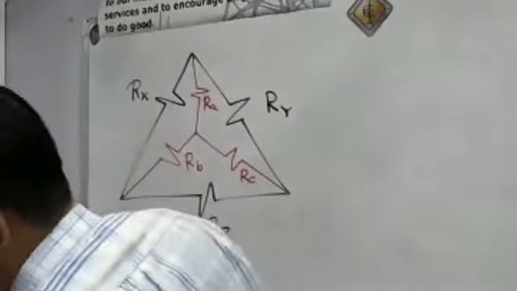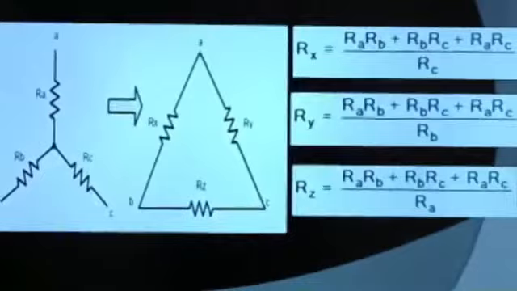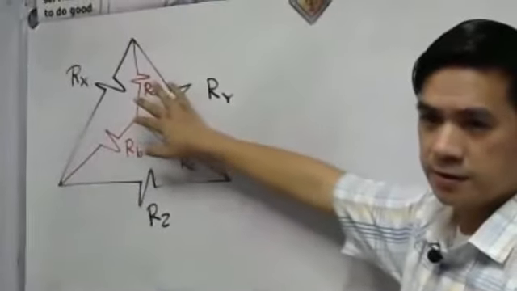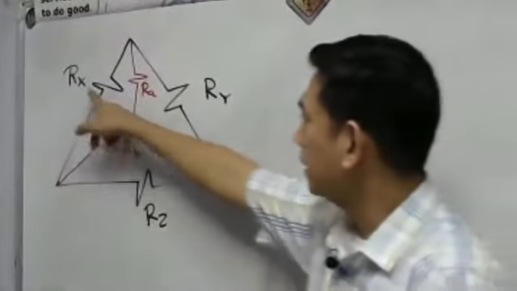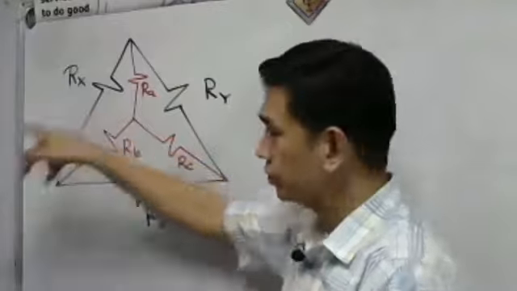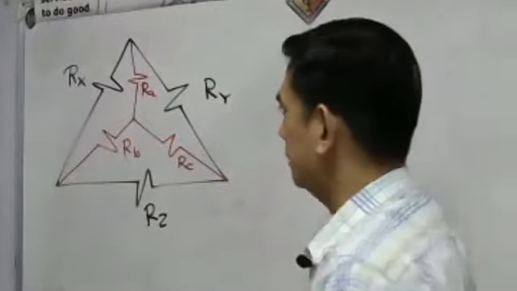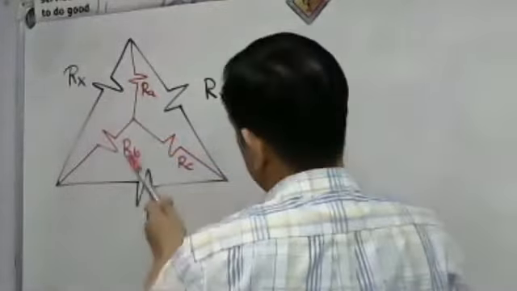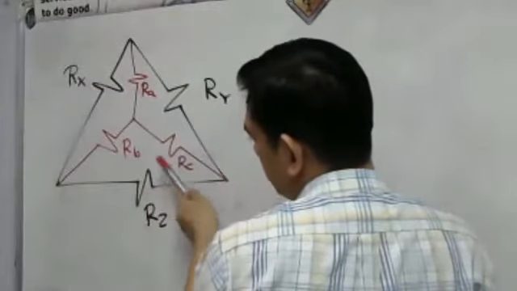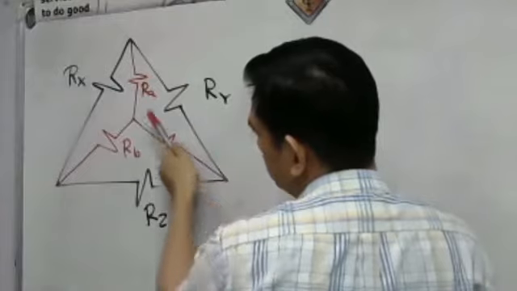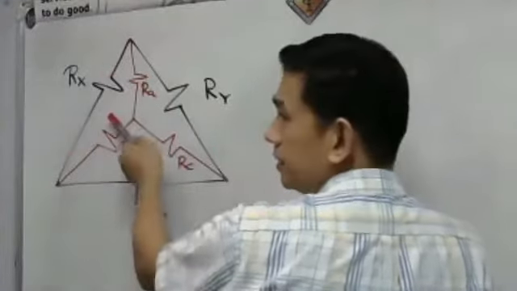So let us have the equation. Let us take a look here in our board. In here, we have the Rx. Our Rx is simply equal to the sum of the product of Ra and Rb plus Rb times Rc plus Rc times Ra, all over, okay?